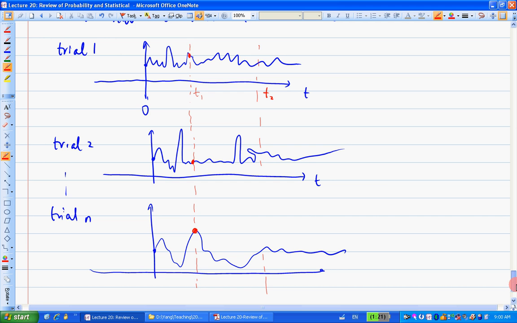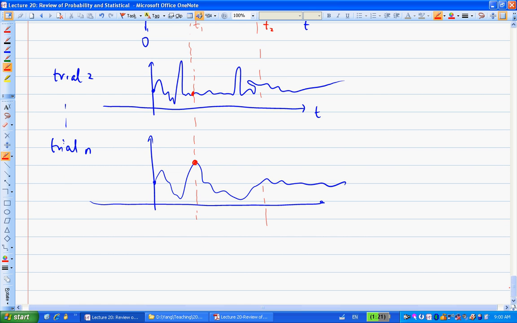what do you have? You have a sequence of numbers, and that sequence we call x of t1. So if you're just interested in x of t1, that is one random variable, right? It changes every time.